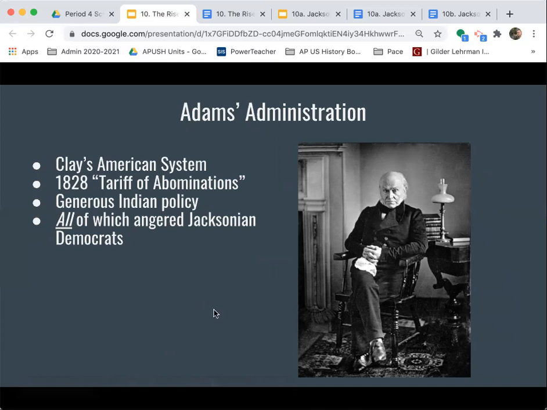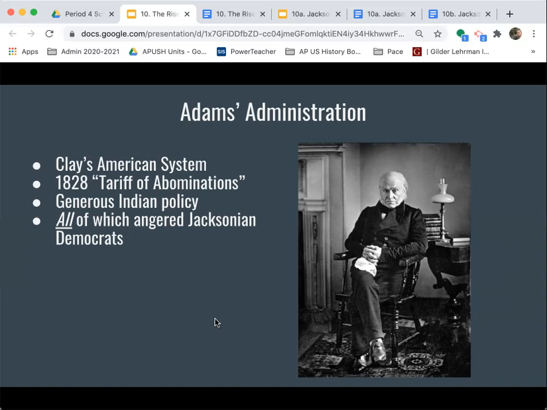His administration, he's trying to pursue policies that are in line with Clay's American system, but he's running up against trouble from Democratic Republicans who don't like these nationalist policies. At the end of his presidency, he enacts a very strong high tariff that makes the South very, very angry. That we'll circle back to next class, on our live session. He is very, very generous with Native Americans.